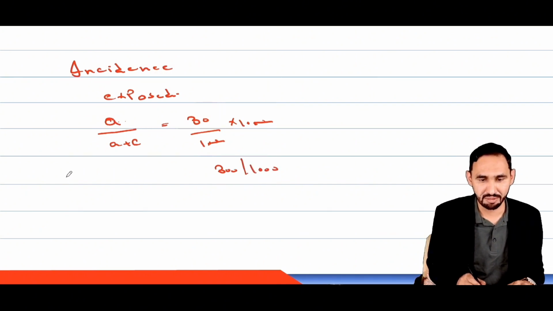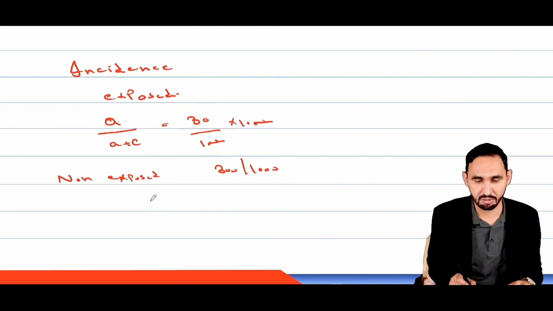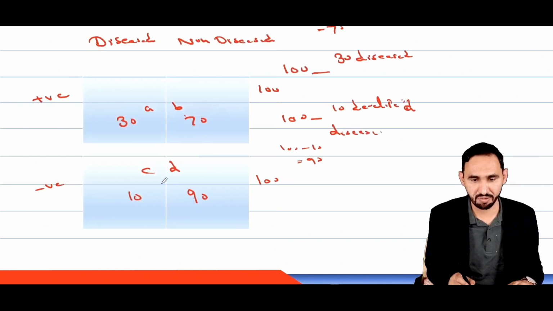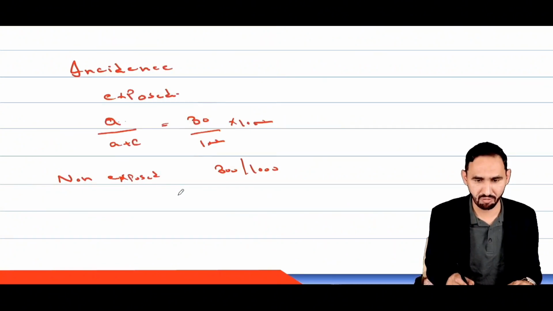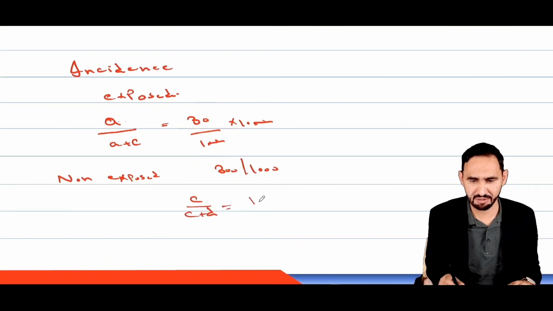And now we'll measure incidence of non-exposed. As we can see in the table, 10 non-exposed people develop the disease. So we'll write C over C plus D. C is 10, C plus D is 100. We'll multiply this by 1000. Our answer will be 100 per 1000.